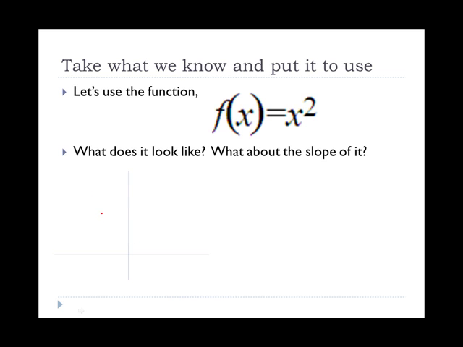If we graph f of x equals x squared, we're looking at a parabola. What would our slope be here at -4? What would our slope be here at 0? What would our slope be here at 1? Or up here at 6?